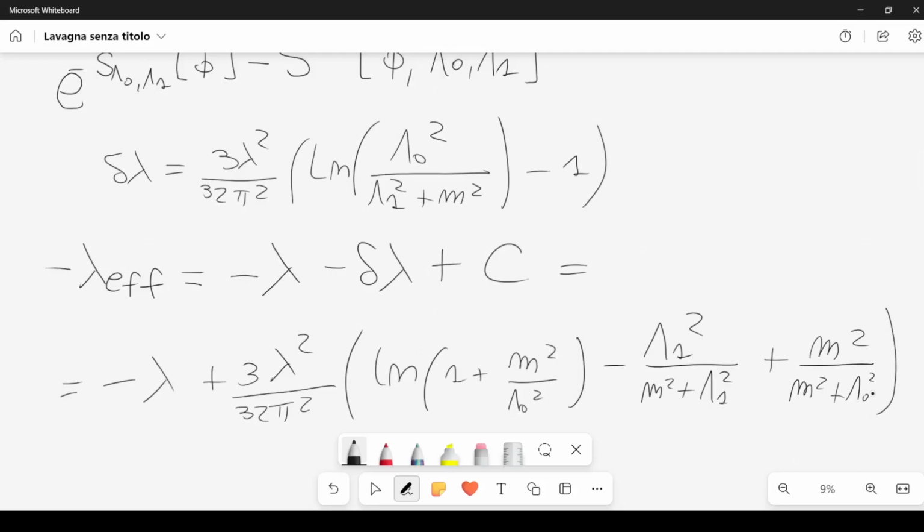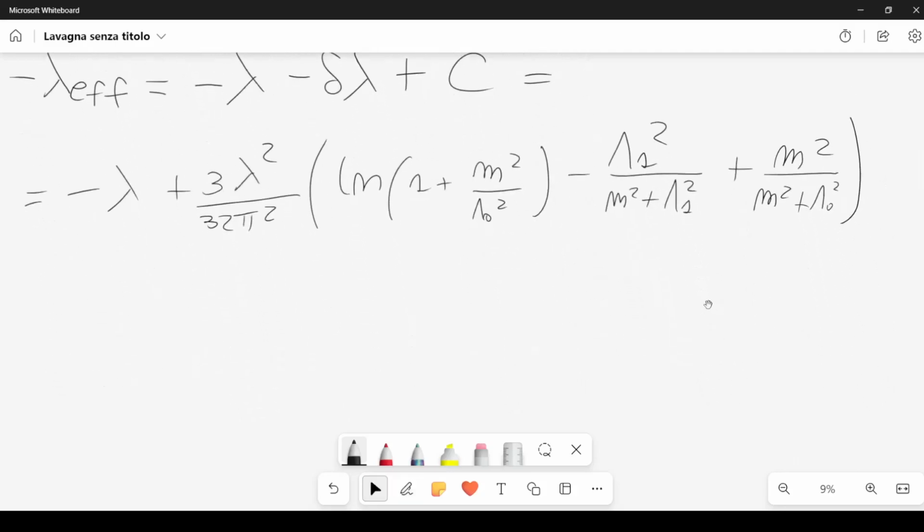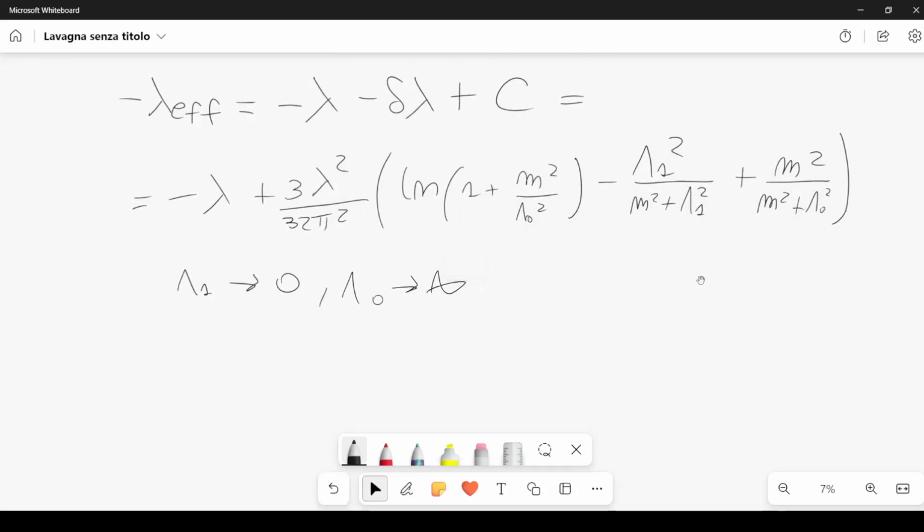So with the choice of delta lambda that we made, we can see now that as we let lambda 1 go to 0 and lambda 0 go to infinity, this logarithm will be the logarithm of 1, because this will go to 0, so we have natural log 1, which is 0.